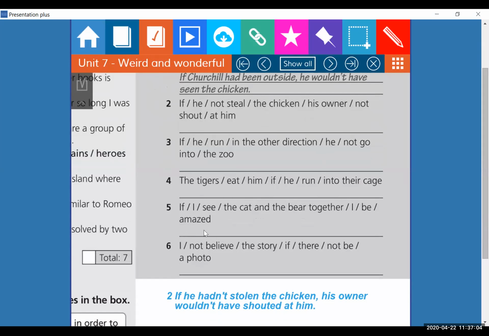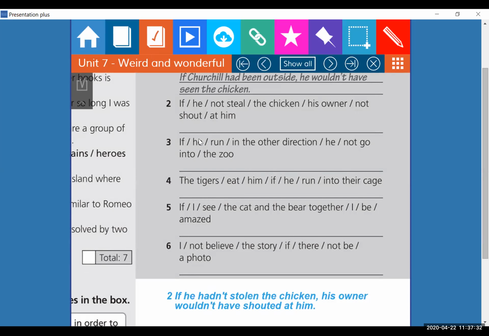Did he steal the chicken? Yes. Did his owner shout at him? Yes. Because these two sentences are in negative, when we ask the question to examine the sentence, it gives us the positive feedback.